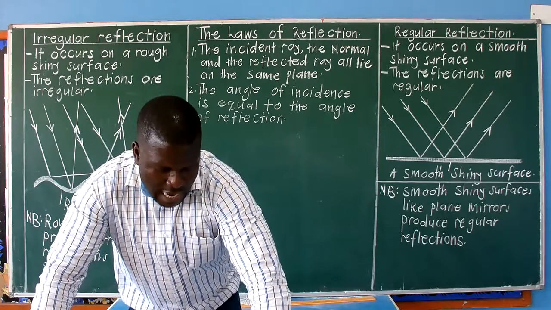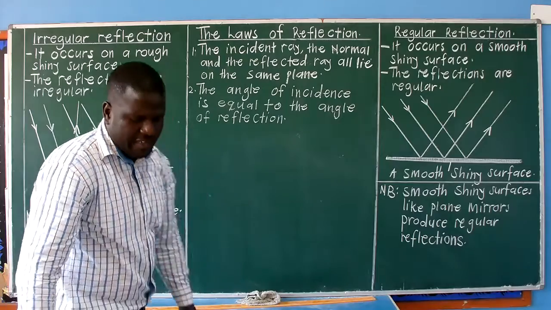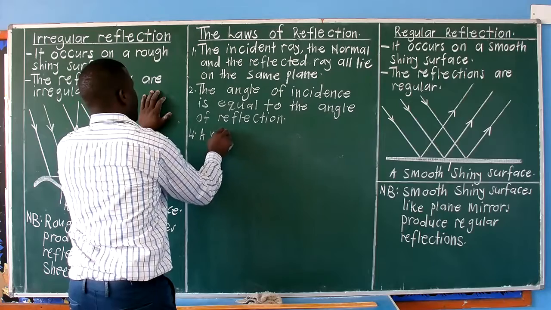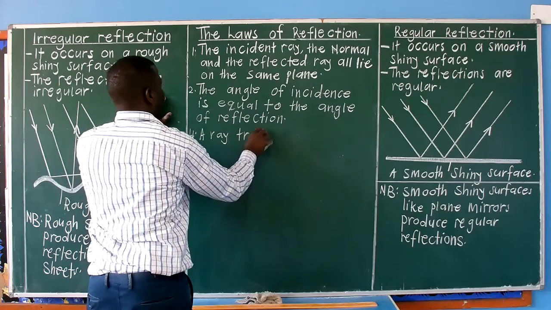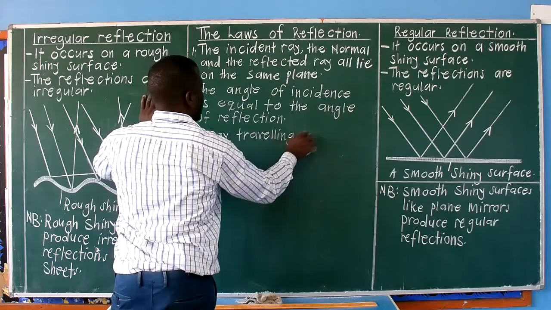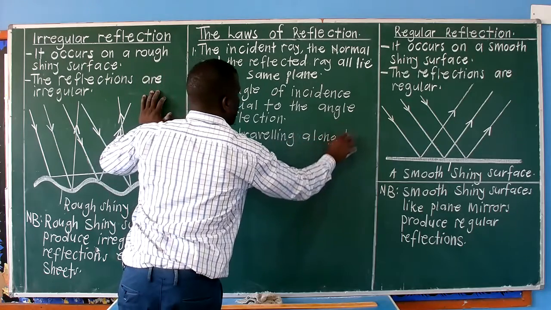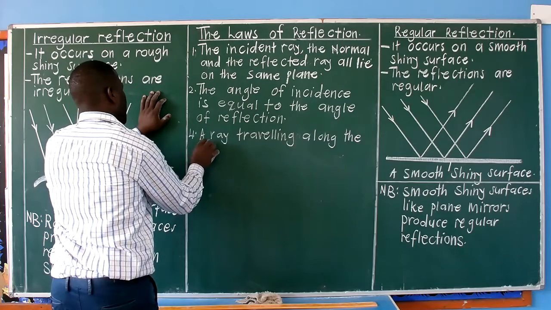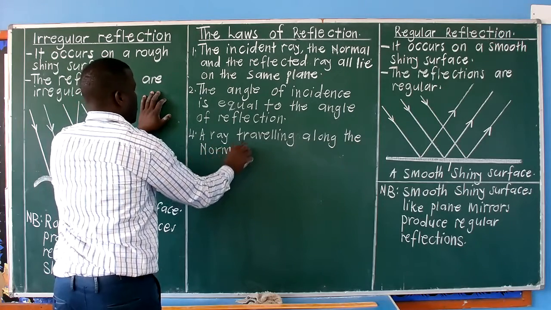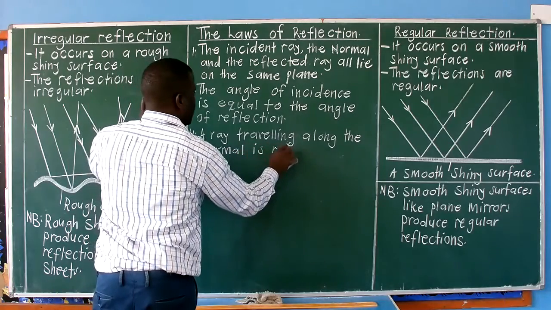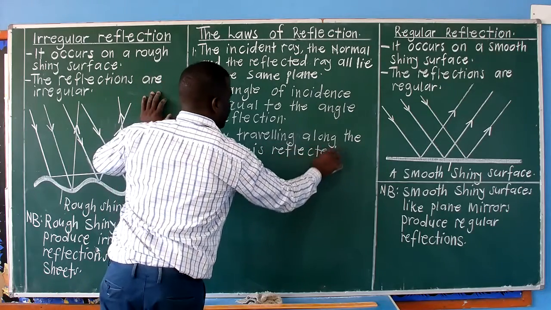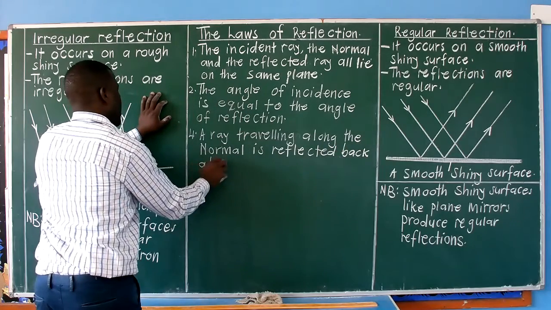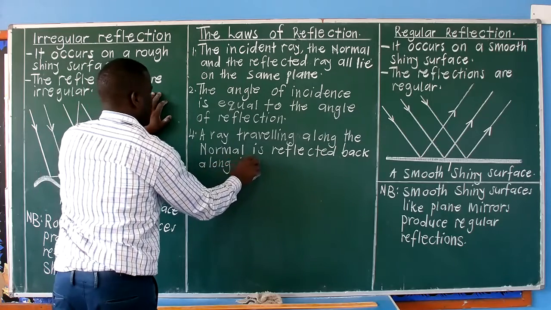Another one: a ray traveling along the normal is reflected back along itself.